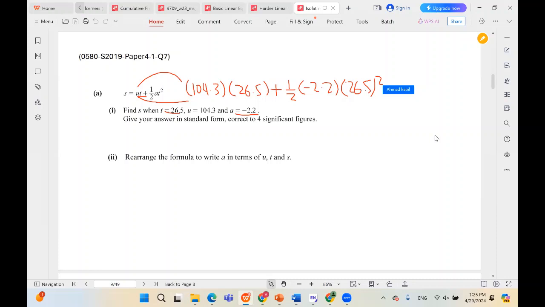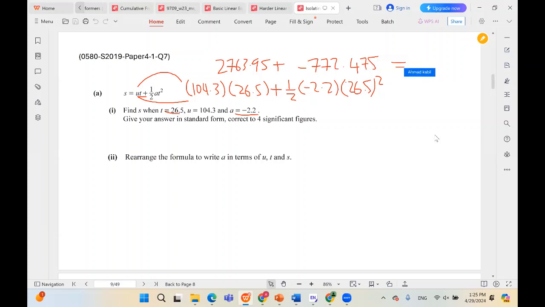Now, we simplify using the calculator. So 104.3 times 26.5. This gives us 2,763.95 plus, and then we have half times negative 2.2 times 26.5 squared. And this gives us negative 772.475.